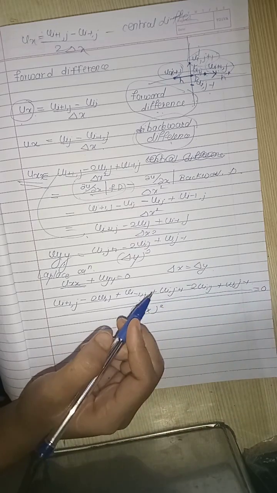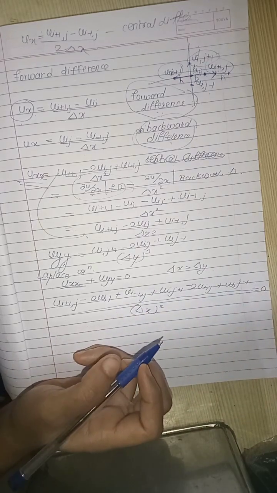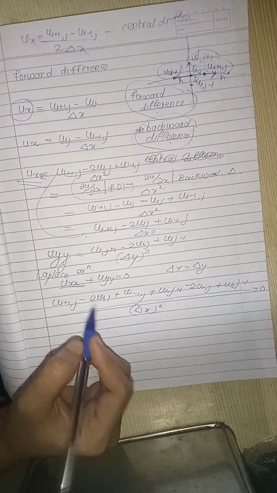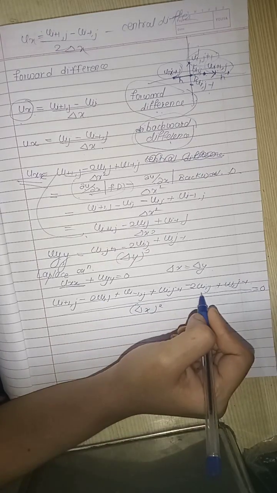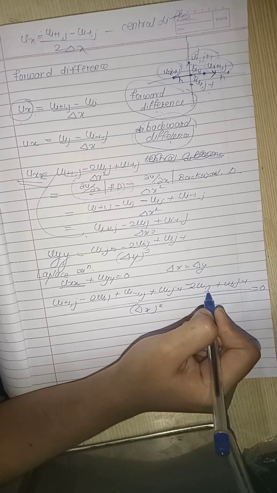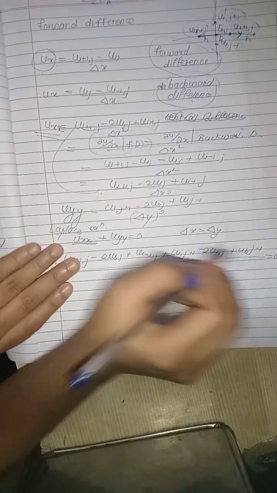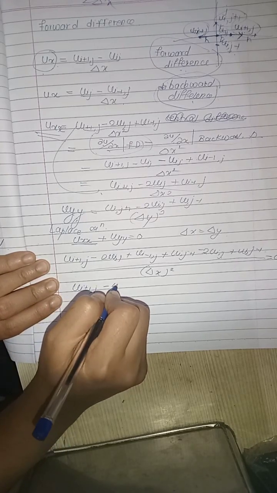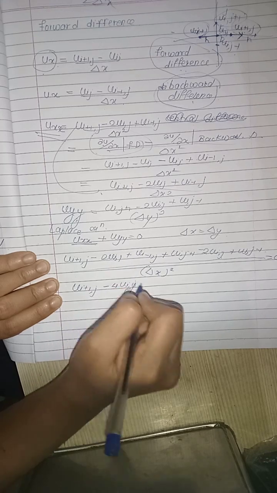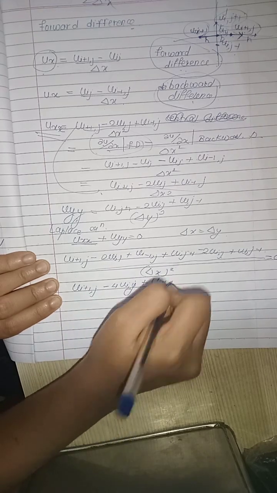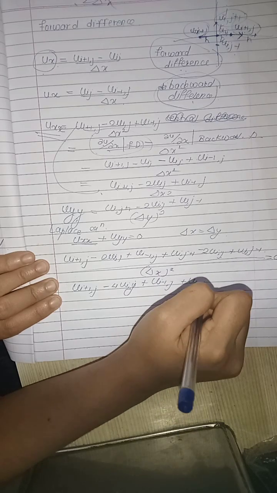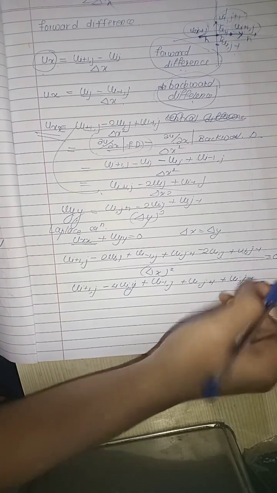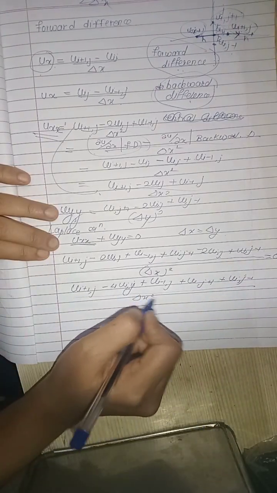Okay, so after solving this, combining the −2u_ij and −2u_ij, you will get u_i+1,j − 4u_ij + u_i−1,j + u_i,j+1 + u_i,j−1 over Δx² equals 0.